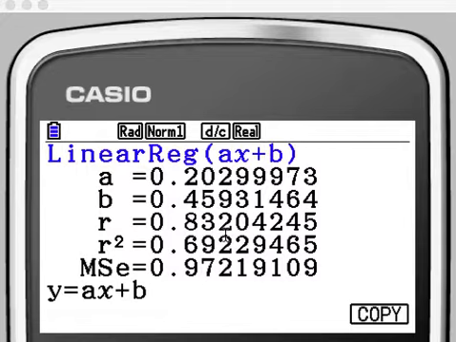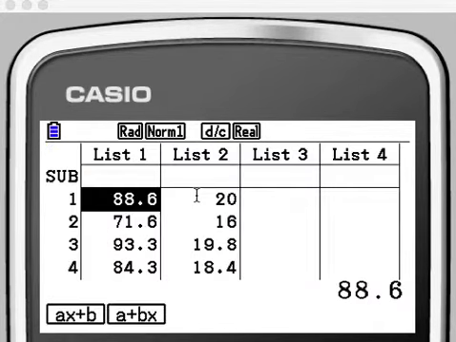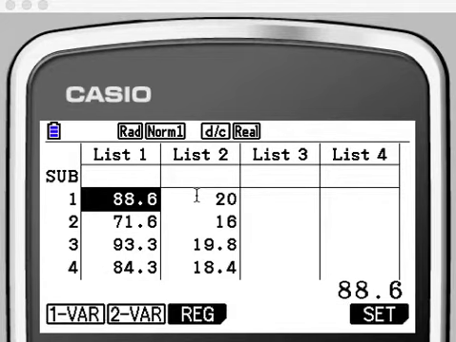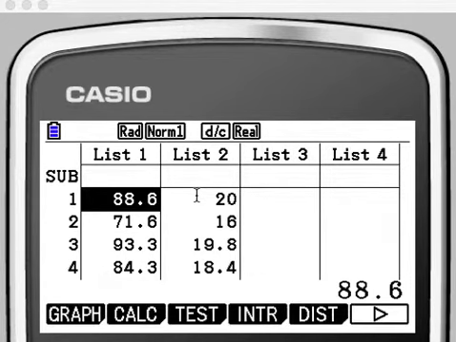And so now we can move on, and I want to plot the data from our regression line along with the data from our data sets. So I've written down these values for A and B, and then we're going to back out by pressing escape once, twice, 3, 4 times until we get back to our original screen.